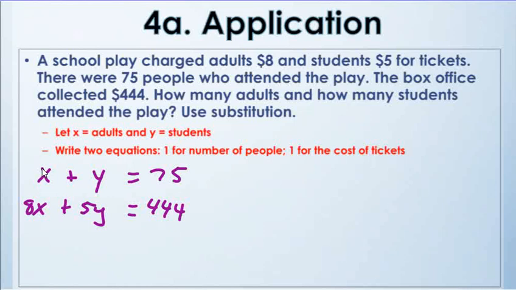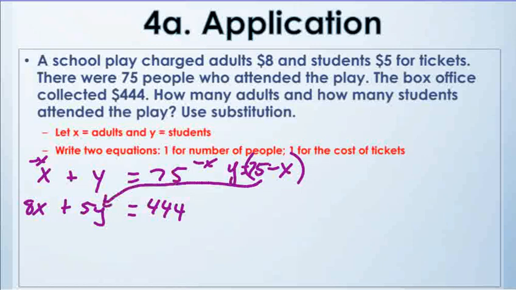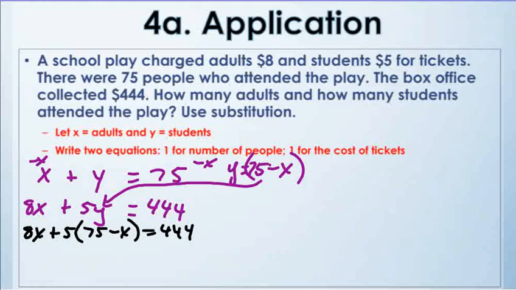Let's solve for y up here. So I'm going to subtract x. So y equals 75 minus x. If that's what y equals, substitute that here. So I have 8x plus 5 times 75 minus x equaling 444.